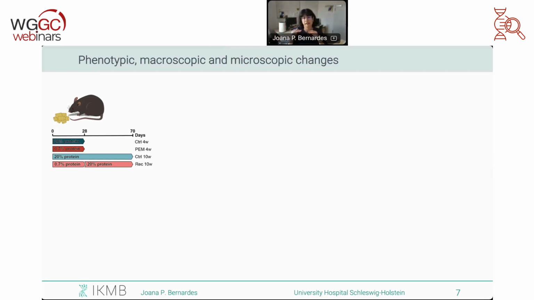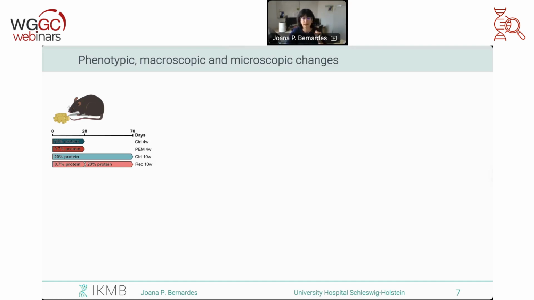So the mouse has the same amount of calories. So it's only protein that we are targeting here. And not only we have this acute phase of protein energy malnutrition, but we also, after we have this phase here, we also let our mice recover. And then they are recovering with a normal chow diet.